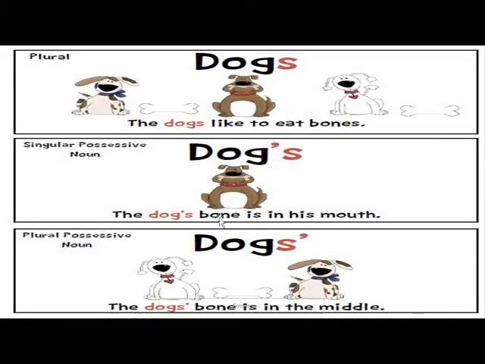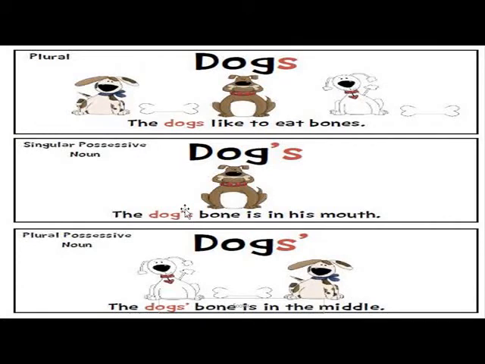Here, the bone comes after the dog. It means this bone is for the dog. How did I know? Because here I have the apostrophe and S. They show me that this bone is for the dog.